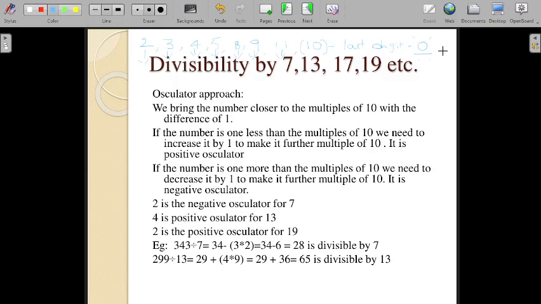Next, divisibility by 7, 13, 17, 19, etc. Here usually the oscillator approach is used. Of course, I don't say it's the easy one, at the same time I don't say it's a tough one. Once we practice, we are used to it, so we can simply solve the questions.